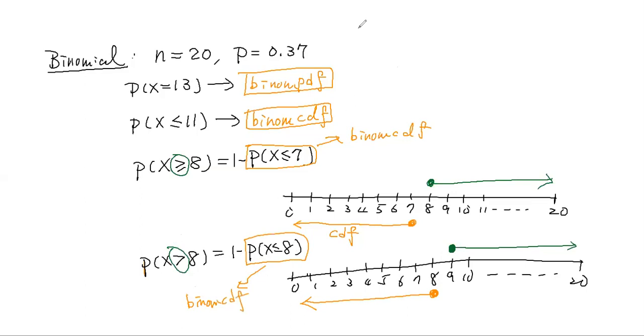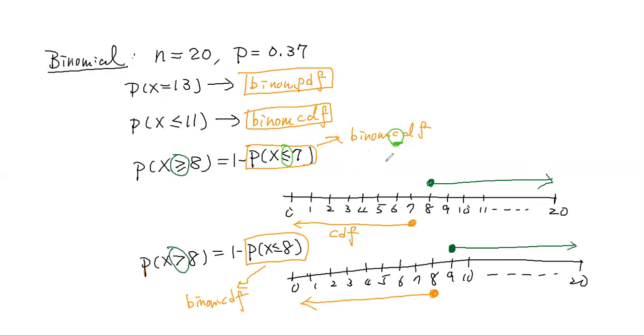Remember, the binomial CDF always has an equal sign. So for greater than, you need to draw a line and see what you are looking for, and which part you need to minus out, so you can use the binomial CDF to get the probability. That's just some extra notes.